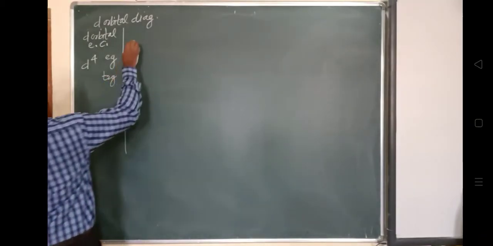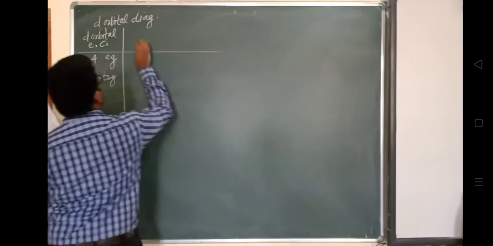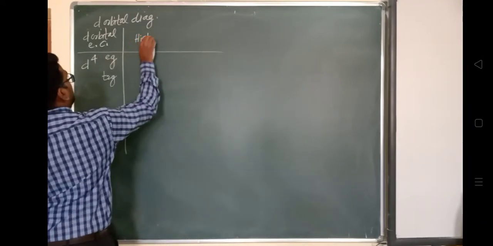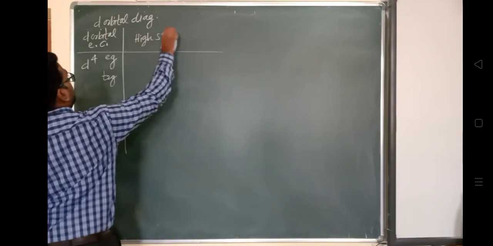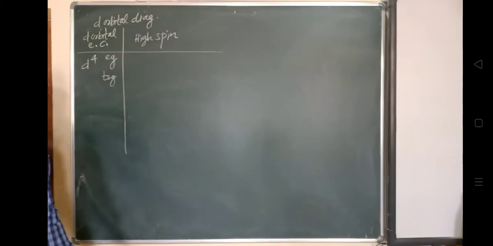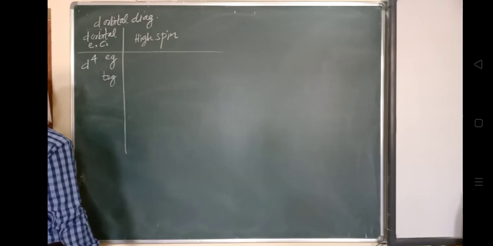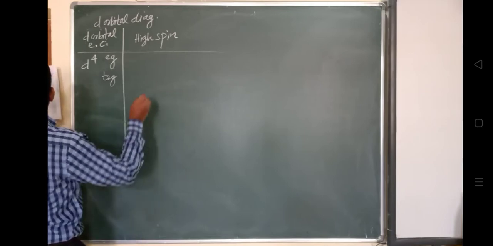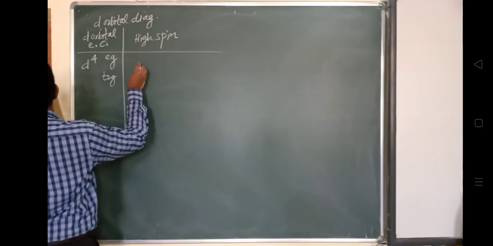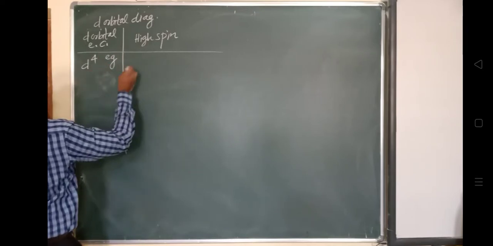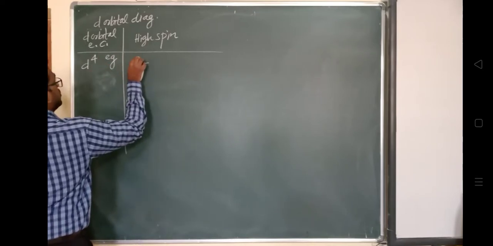Then for high spin, the Eg, we give a little space.